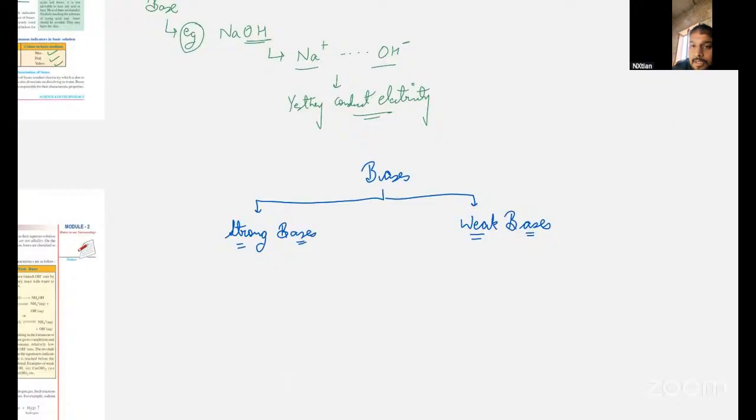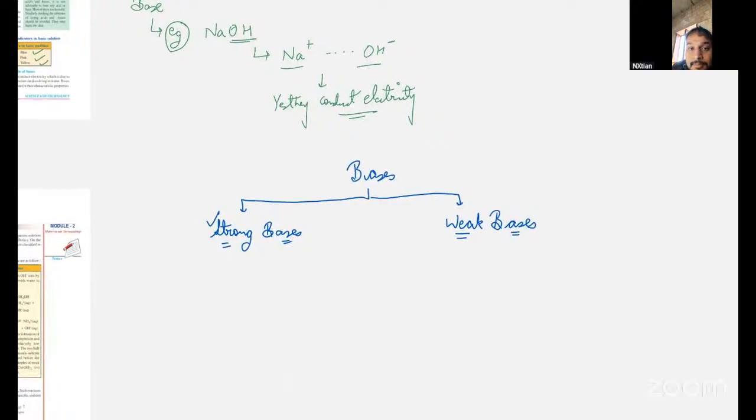Now everyone please pay attention. Strong bases are, as we learned about H plus ions in the acid part, that strong acids are acids that completely dissociate H plus ions. Same here also.